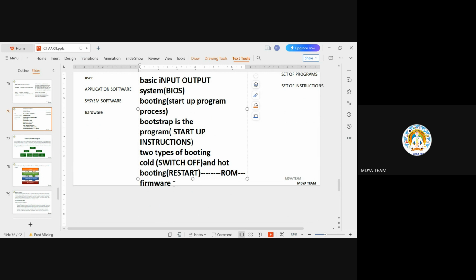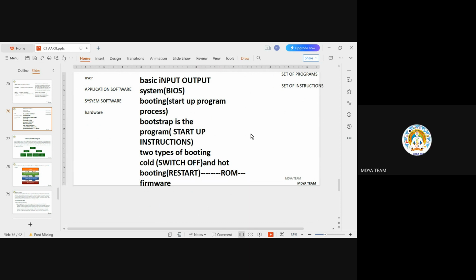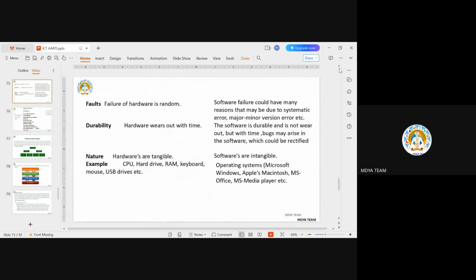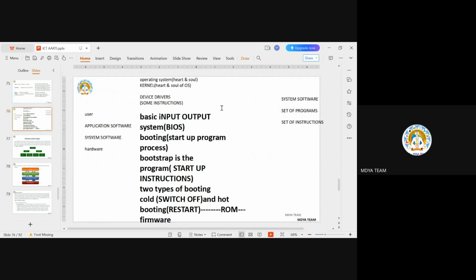This program, this system is stored in the ROM, in the firmware. Got it? Yes, ma'am. Now this is complete. Now next we come to the utility programs.